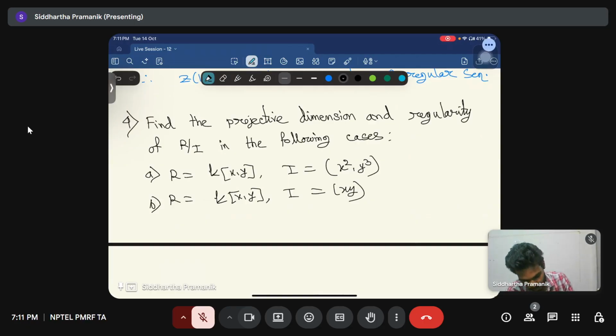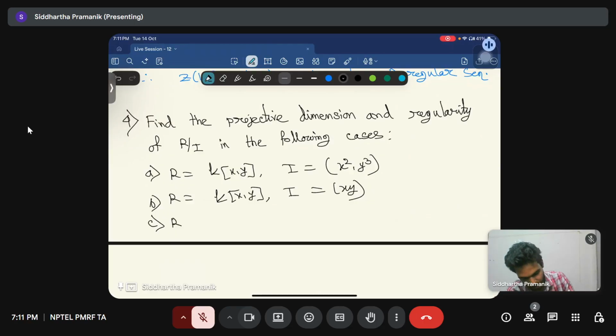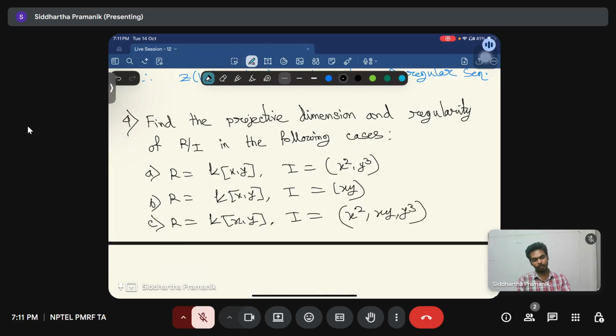Again R is the same, k[x, y], but the ideal is x squared, xy, y cubed, the sum of the first two ideals. So for these three cases, we need to find the projective dimension and Castelnuovo-Mumford regularity for R mod I.